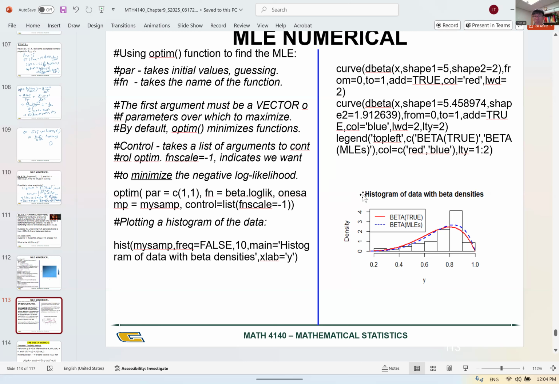Here, we plot the beta density. You have a histogram of the sample data and the beta MLE estimate from the algorithm. After you get that, you make the density, and you also plot the density of the truth. They are very close to each other, a close match.